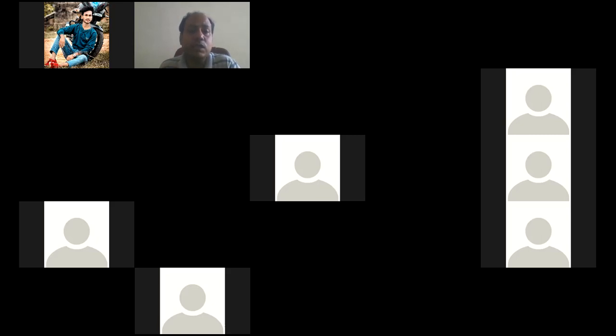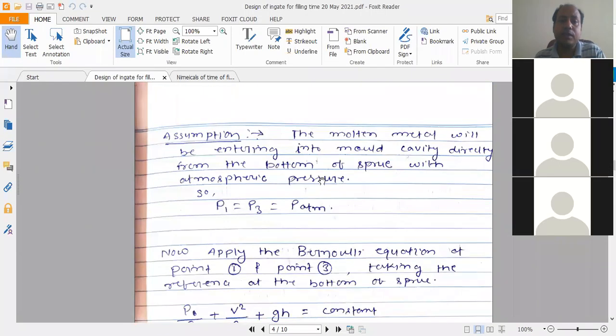The gate will always ask one question from this portion, to determine the time of filling. So it is very important. Let's see how we can determine the time of filling for the top gate.